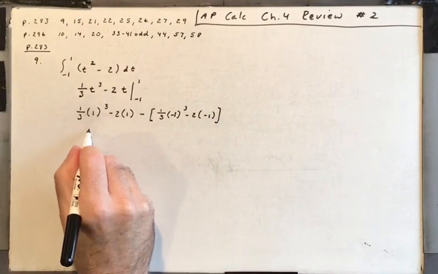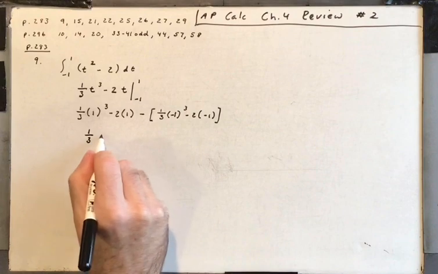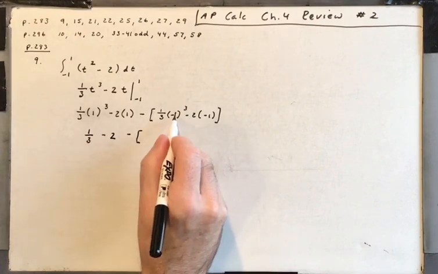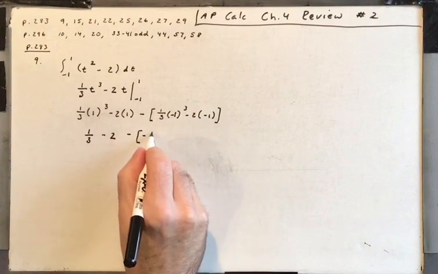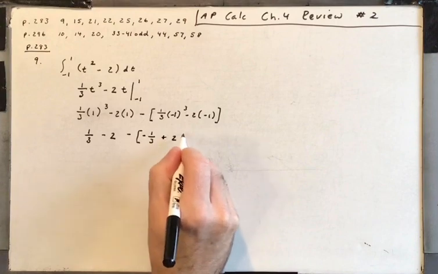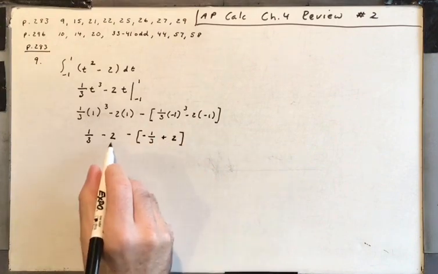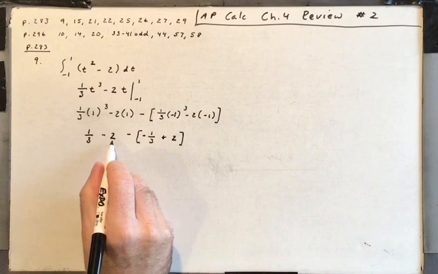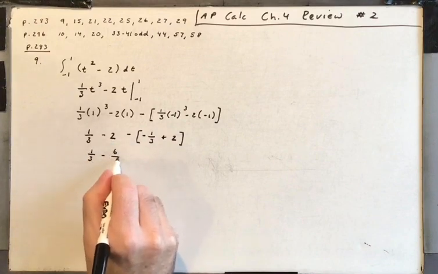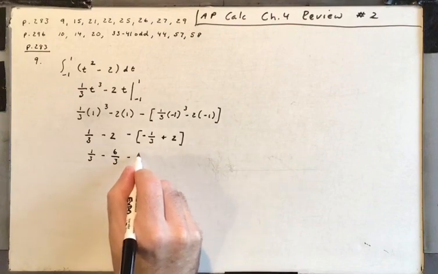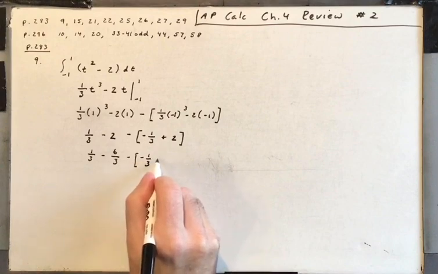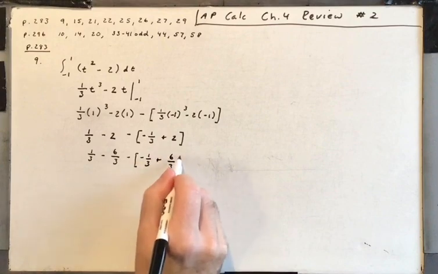So that's going to be 1/3 minus 2 minus, all right, -1 cubed is -1. So that'd be -1/3 plus 2. Let's put that 2 in thirds, right? So that's going to be 6/3. So 1/3 minus 6/3 minus -1/3 plus 6/3.